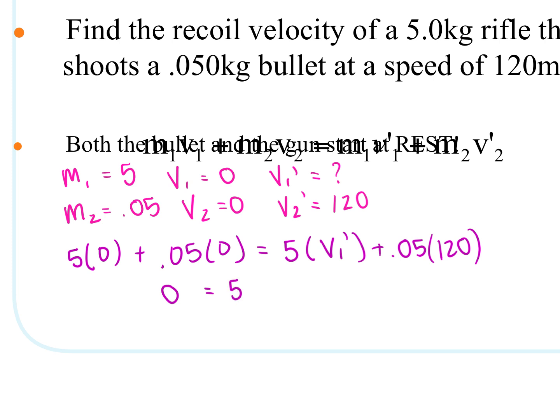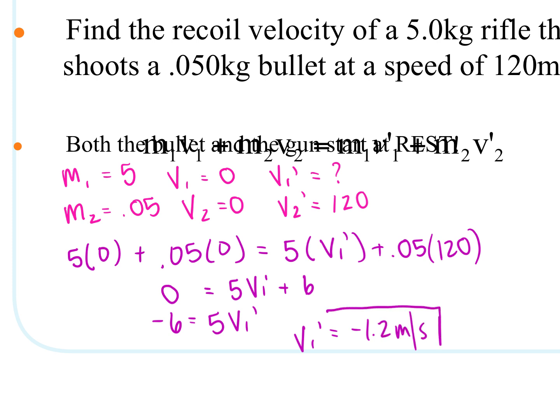So this is 5 V1 prime plus, let's see, 120 times 0.05 is 6. I'll move that to the other side. So negative 6 equals 5 V1 prime. And so my velocity, V1 prime, is equal to negative 1.2 meters per second.